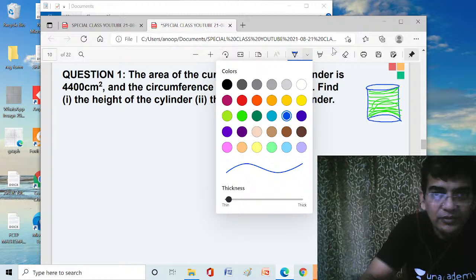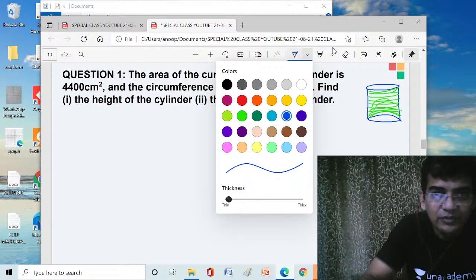So they have given you two things. What are they? They have given you the curved surface area, that is 2 pi r h, as well as the circumference. Okay, let us write the formula for these two. In the question, they have given us curved surface area 4400.